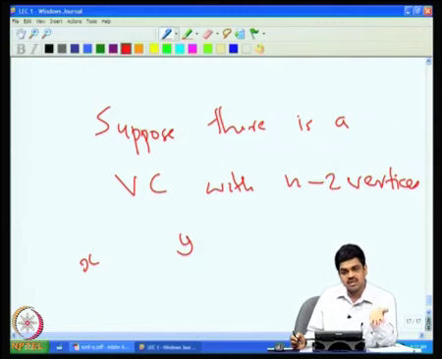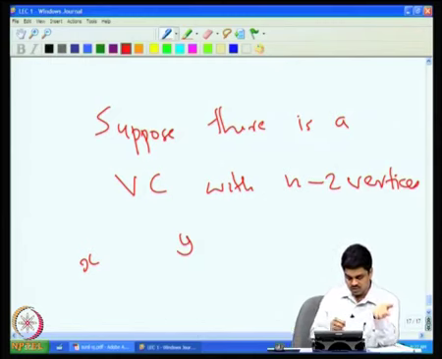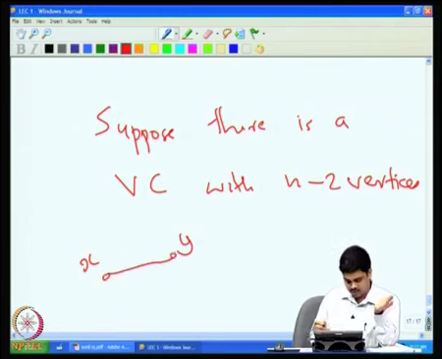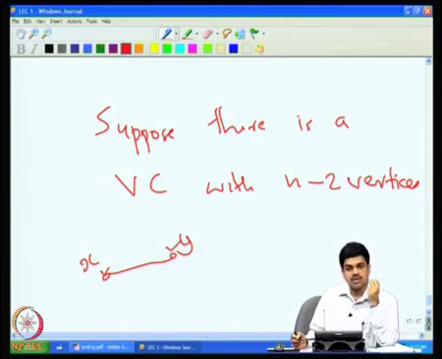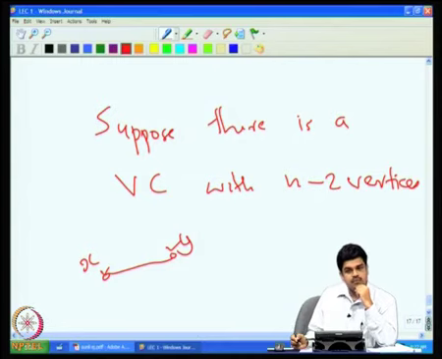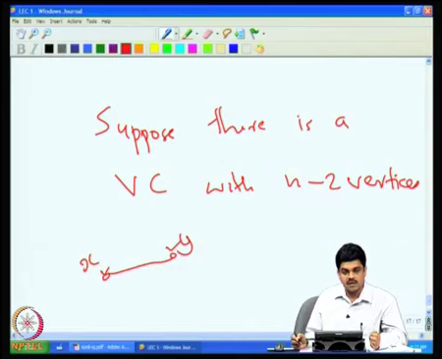There are 2 more vertices, let x and y be these 2 vertices. Because it is a complete graph, between x and y we do have an edge, and neither x nor y is in the vertex cover we have selected. So, who is covering this edge, right? Therefore, if we have only n minus 2 vertices in the set we have selected, it cannot be a vertex cover. So, the number of vertices in the vertex cover of a complete graph is at least n minus 1, and n minus 1 is enough.